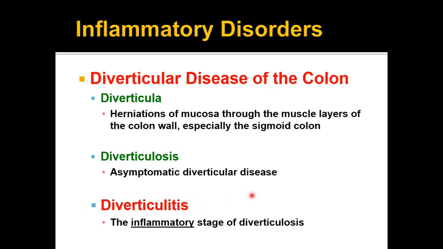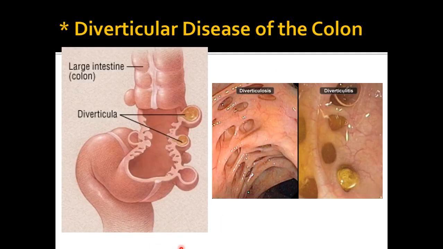Diverticulitis, on the other hand, is diverticulosis in the inflammatory stage. So when these pouches become inflamed, then we've got pain that's involved with that, and changes in bowel habits, maybe even diarrhea and cramping. We would consider that at that point diverticulitis, because we do see evidence of inflammation at that point. So here's what they look like.